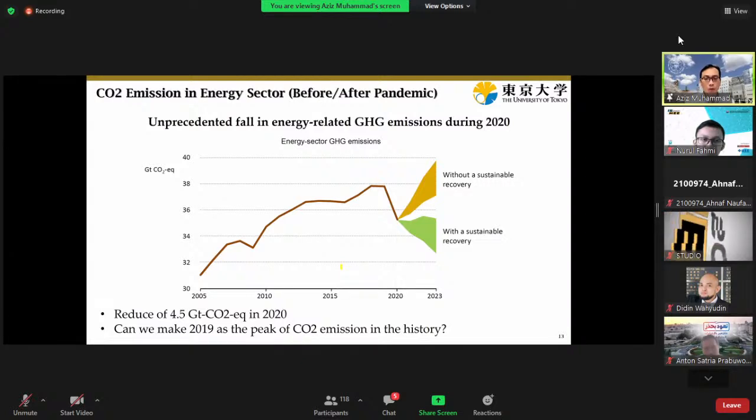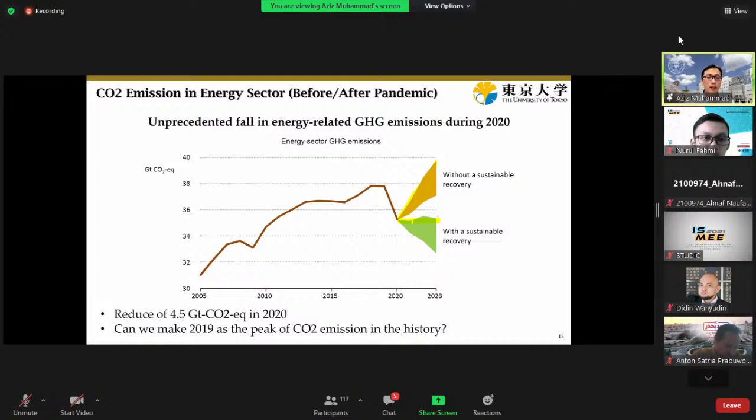But I think all of you also understand this. We have reduced CO2 emissions currently, and now we are enjoying fresher air compared with two years before. So the question is whether we would like to return to the conditions before COVID-19, or we would like to maintain these conditions. That depends on all of us.